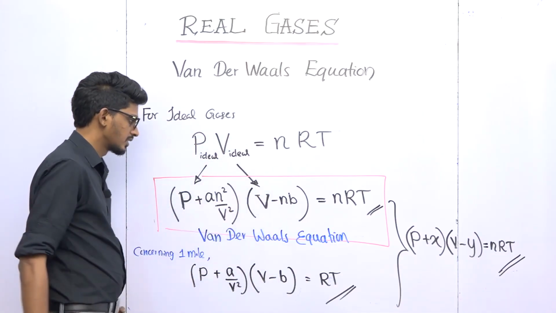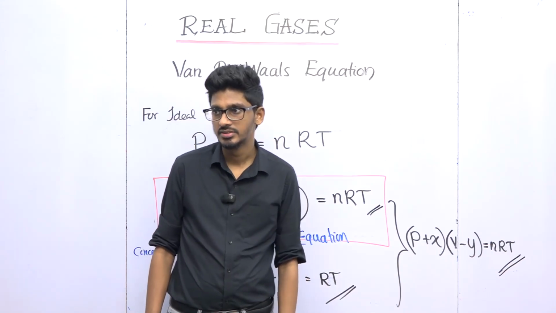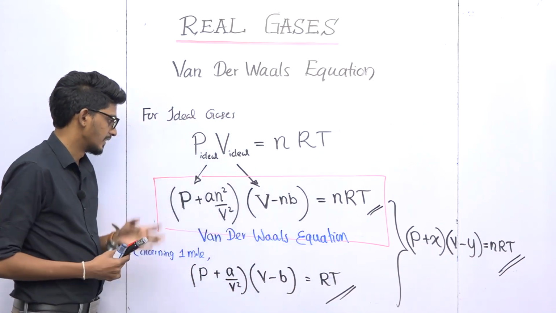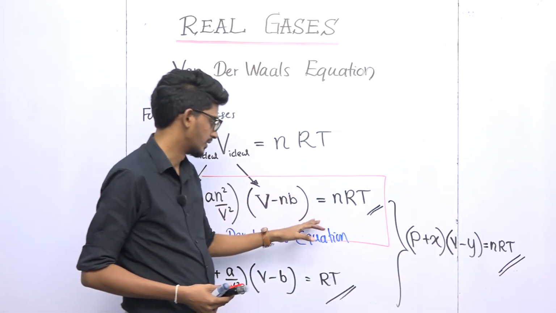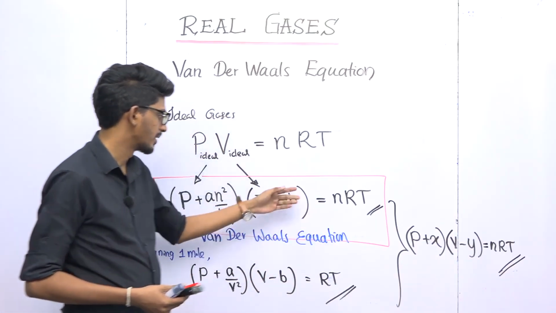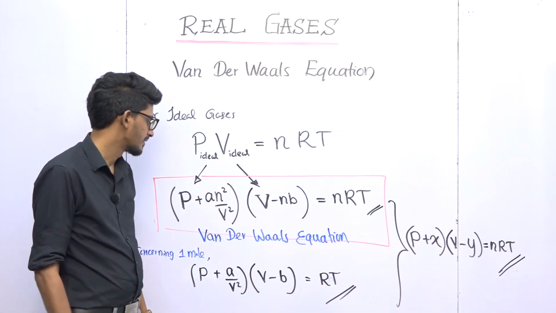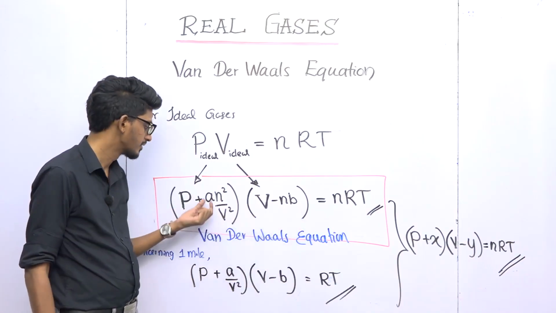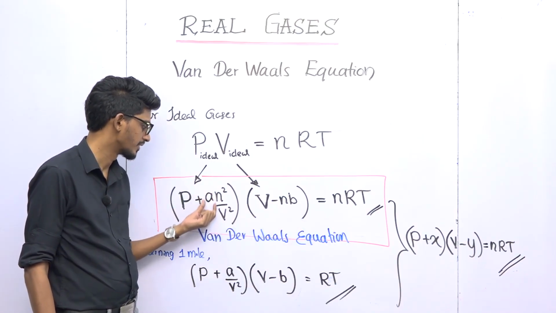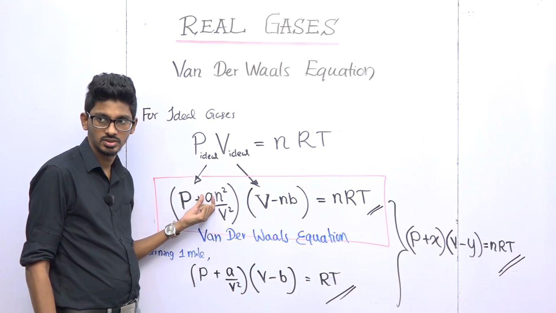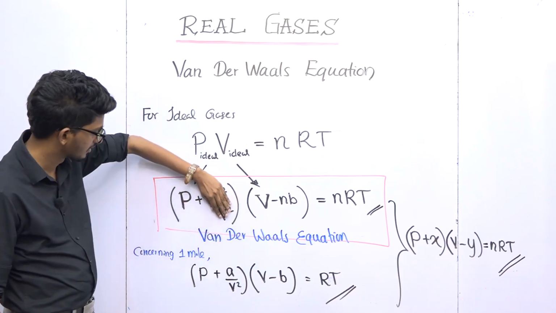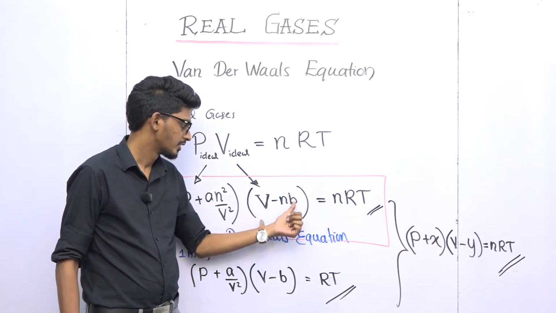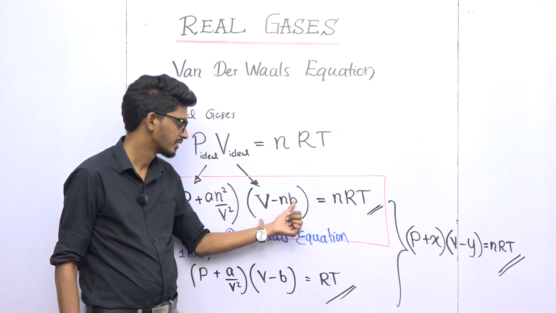This Van der Waals equation can be applied for ideal gases as well, right? Even though we derived this for real gases, it can be applied for ideal gases as well. When ideal gases are concerned, this a term becomes 0 as well as the b term becomes 0. With ideal gases, there are no intermolecular attractions or repulsions, so attraction strength is 0. So when this is 0, this term disappears, and only P appears. With ideal gases, there is no size to gas molecules, they are point masses, size is negligible.